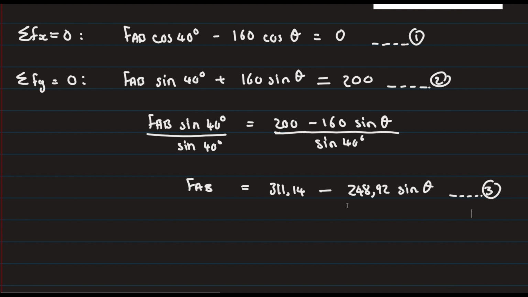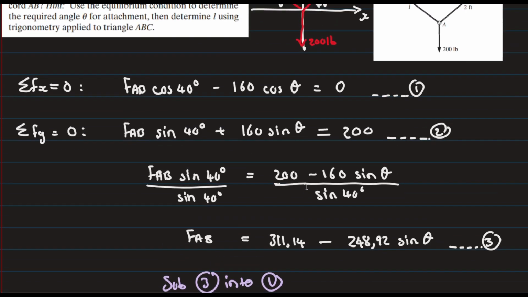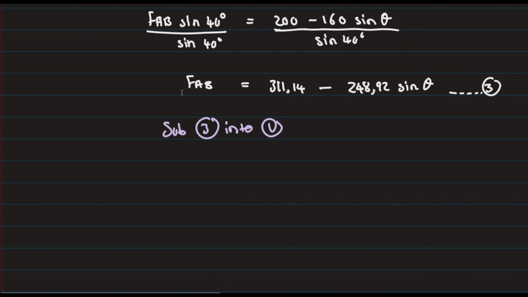So now we have to substitute equation 3 into 1. So we have all of that force of AB, multiplied by cosine of 40.